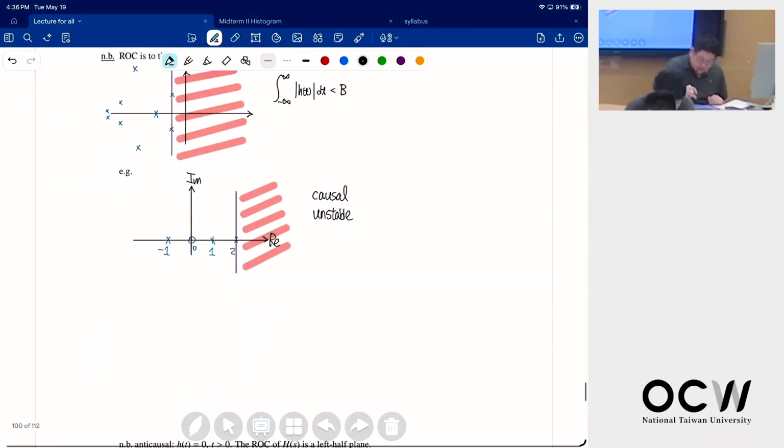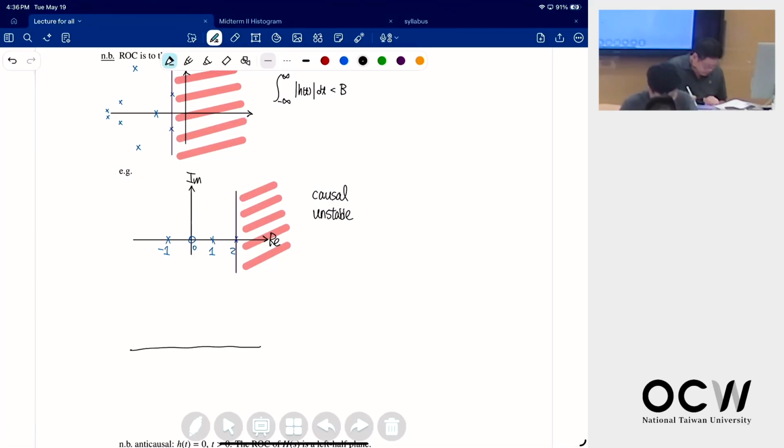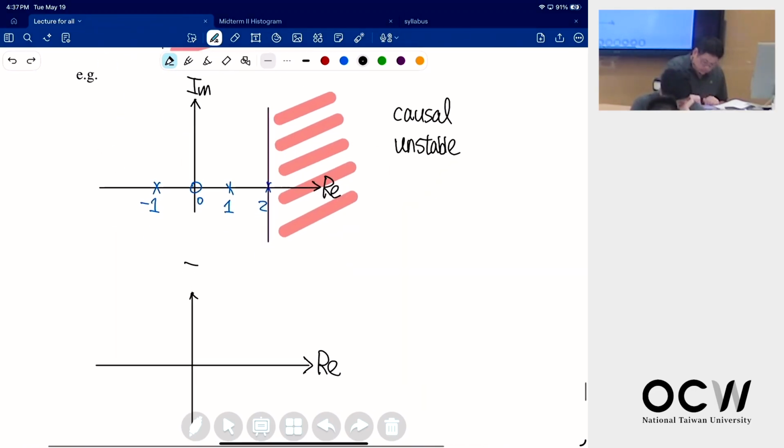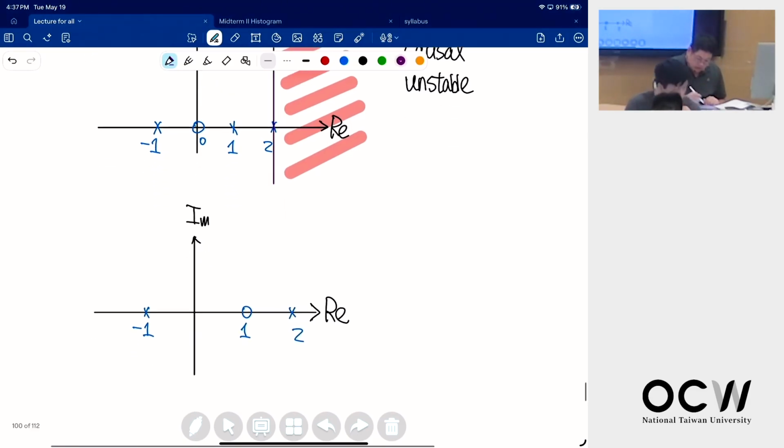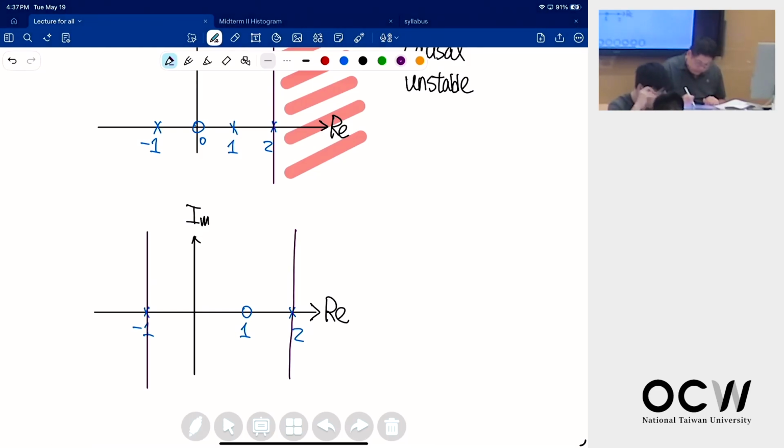The second one, I have a pole at -1, 1 zero, and 2 poles. And here's my region of convergence.